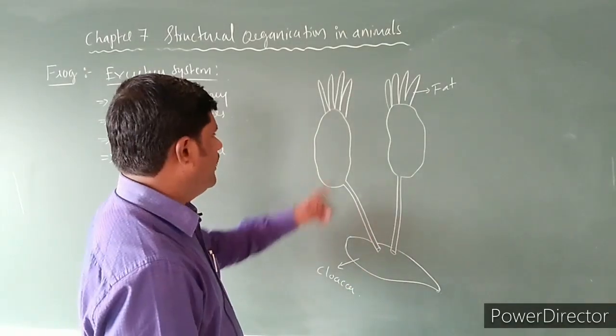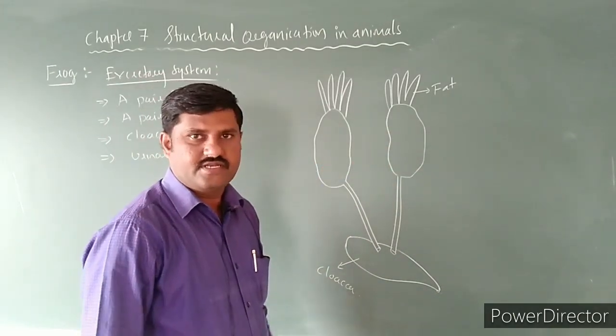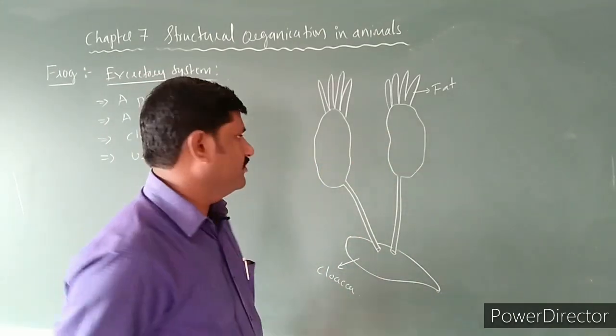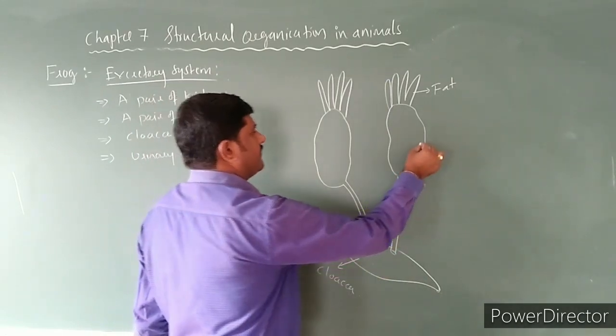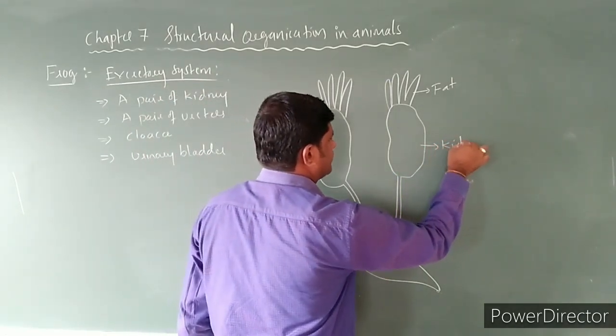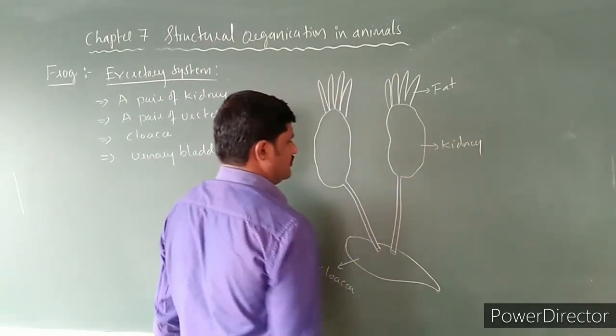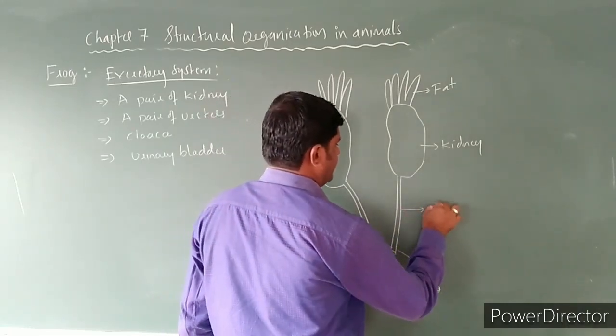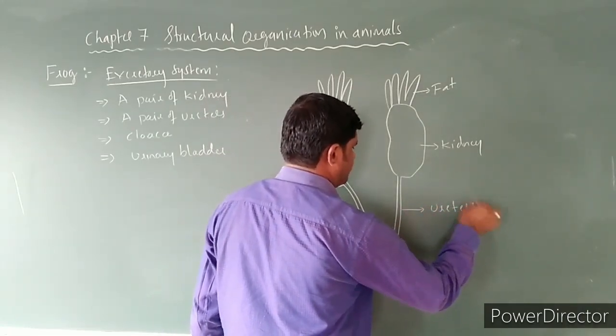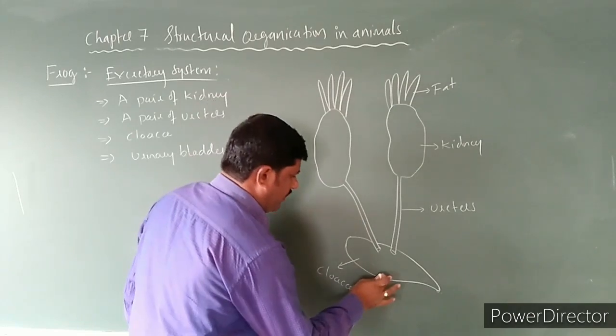Cloaca is there. A pair of kidneys are there, right? This is the fact that you should know. A pair of kidneys, and these are ureters. This is cloaca.